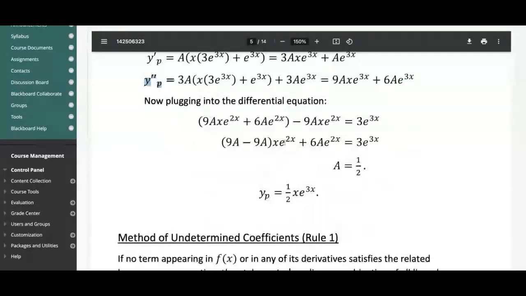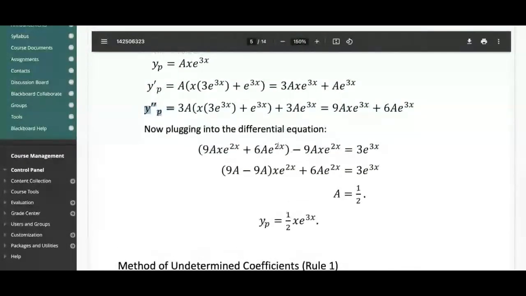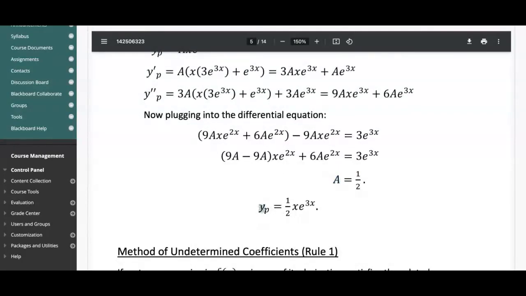Sorry, all those are typos, because sometimes when copy pasting I forgot to change them. All those are e to the 3x. In this case, it works. So we did get a equals half, and a particular solution of half x e to the 3x.